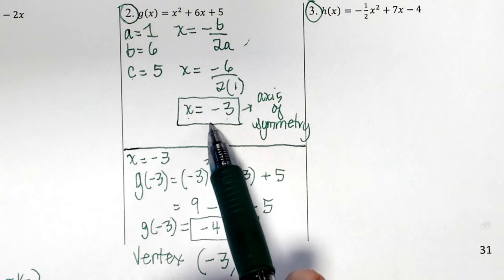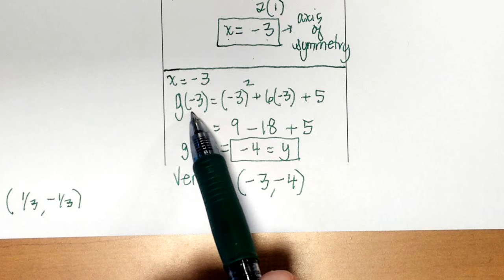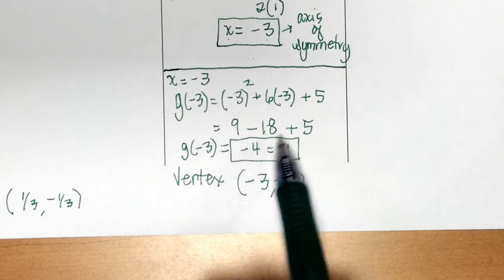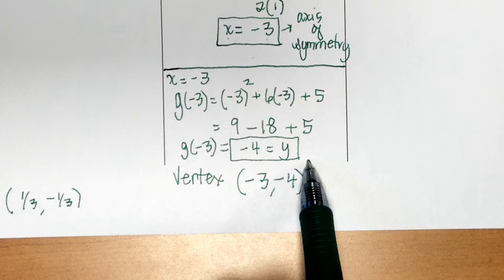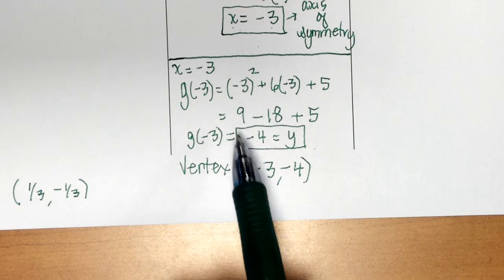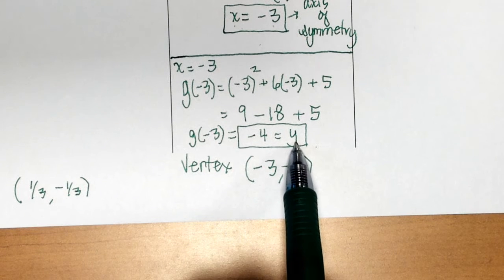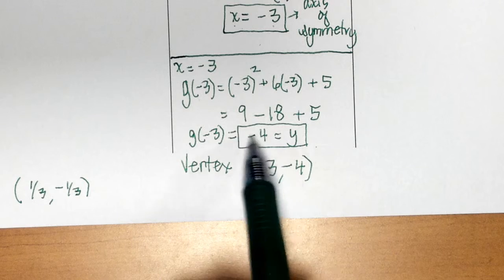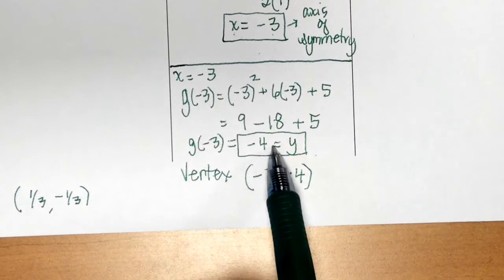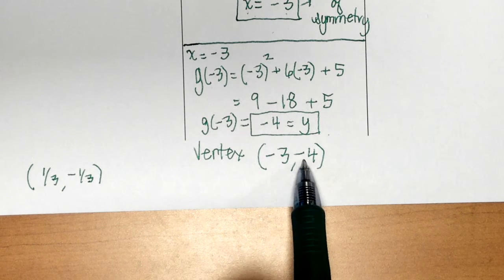Then I went back to my original equation and substituted negative 3 every time I saw an x, and then simplified and did all the mathematics. So I got that g of negative 3 is equal to negative 4, and I need to remember that g of x is another way that I can name y. So I put negative 4 is equal to y. Now I have an x value and a y value, and therefore my vertex is negative 3, comma, negative 4.